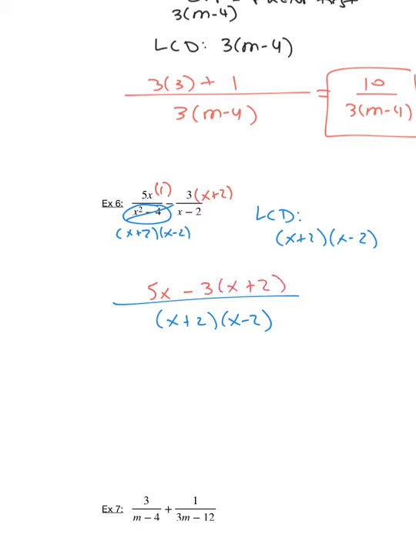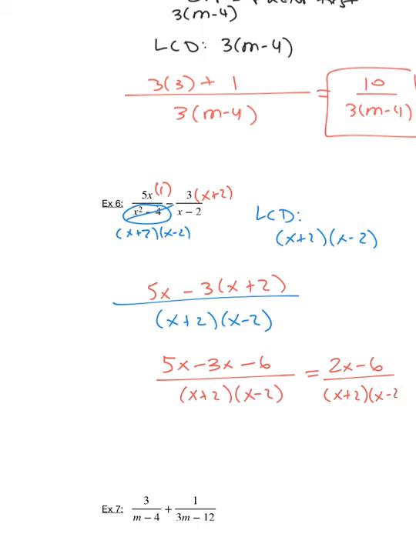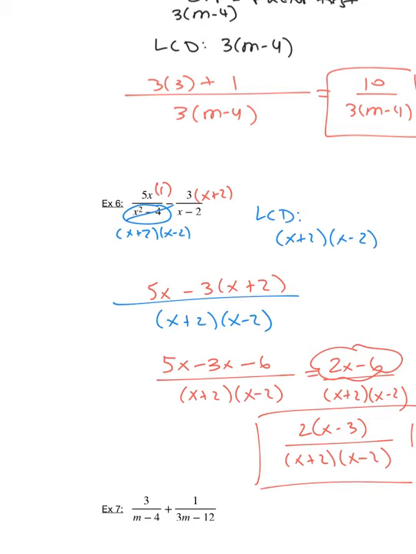Remember, the minus 3 is going to distribute in, so you have 5x minus 3x minus 6 all over x plus 2 times x minus 2, which then becomes 2x minus 6 over x plus 2 times x minus 2, which then I notice that my numerator has a GCF of 2, so 2 times x minus 3 over x plus 2 times x minus 2. Now I'm done. I can't cross cancel anything. That's my final answer.